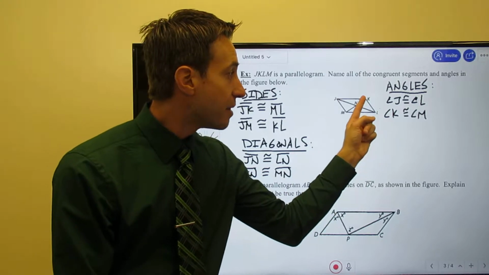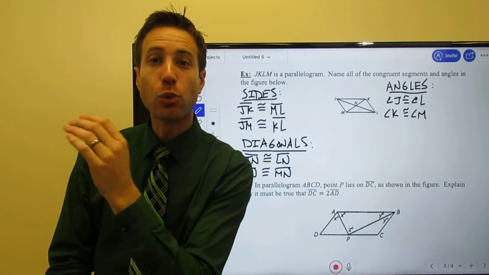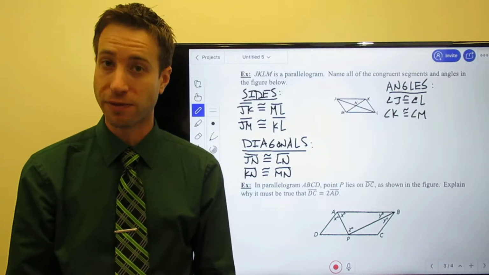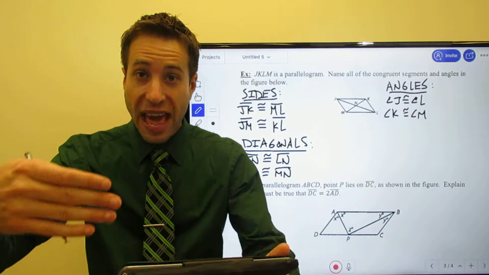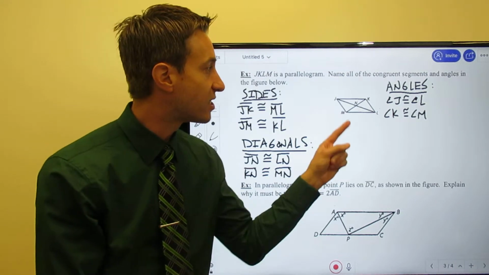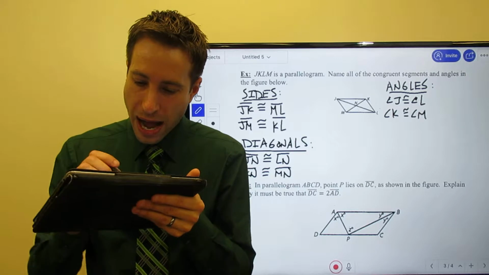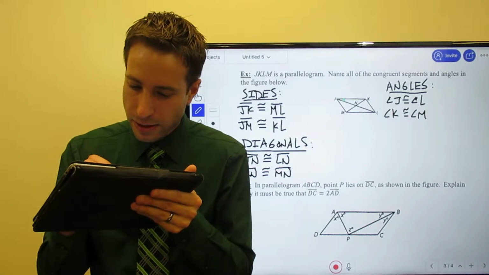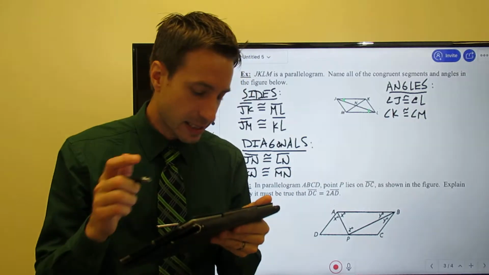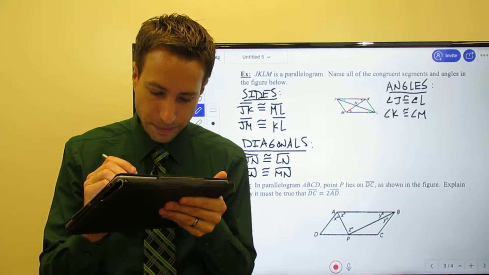Once I add the diagonals, then I can use those angle relationships from chapter 4, parallel lines cut by a transversal, to find other angle relationships. So remember we said same side interior angles are congruent. So I know that this guy right here is congruent to that guy. I know that those guys are congruent.